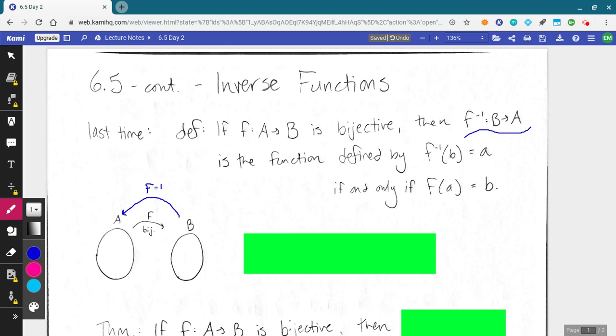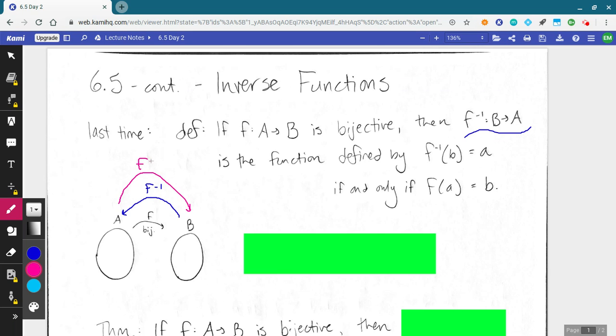But f inverse is a function. As part of our weekly work this week, we'll show that f inverse is bijective. And so it has an inverse function, right? That must map from A to B, right?